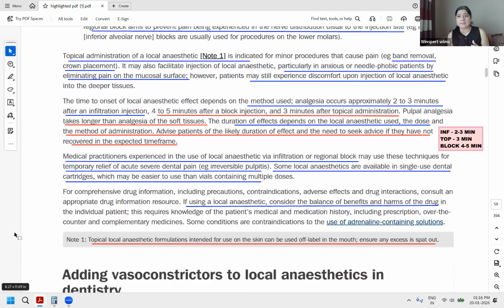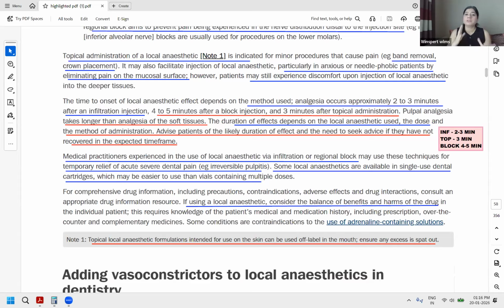Instead of injecting the local anesthesia and infiltrating, topical application is also recommended for periodontal use. Some patients are needle phobic and you require a block in them; sometimes there also the topical application will help eliminate the needle prick pain, right? Upon injection, the deeper tissues are still not anesthetized, so there will be discomfort. But at least the needle prick can be handled in needle phobic patients by eliminating the mucosal surface pain.